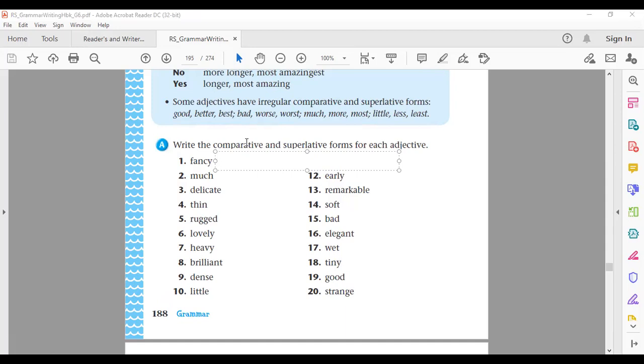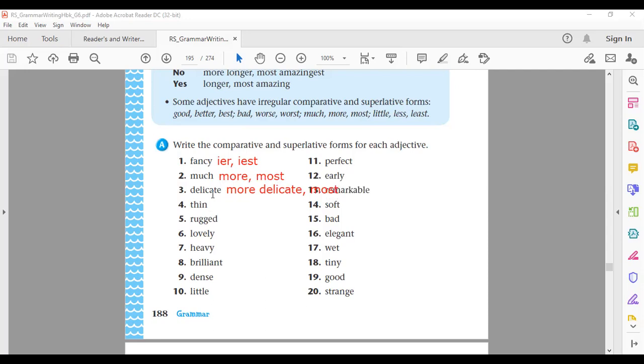Fancy, I want to make it comparative. What should I add? More fancy? No, fancier. And fanciest. And then much, it will become, this is irregular, more and the most. And then delicate. Delicater or more delicate? More delicate. And most.